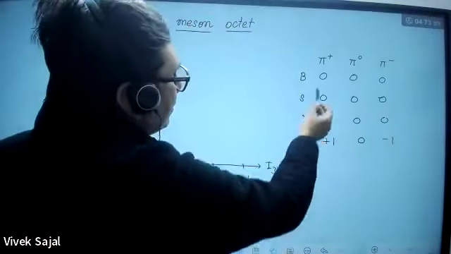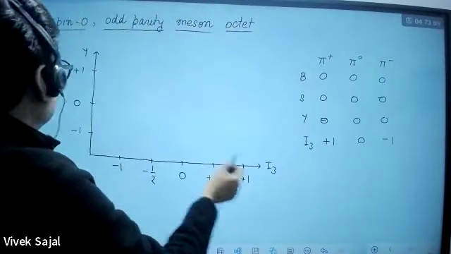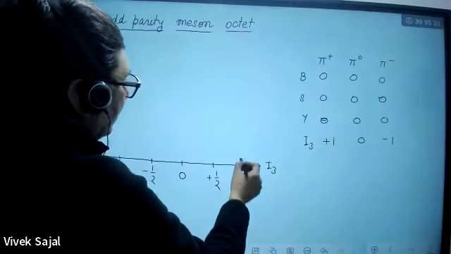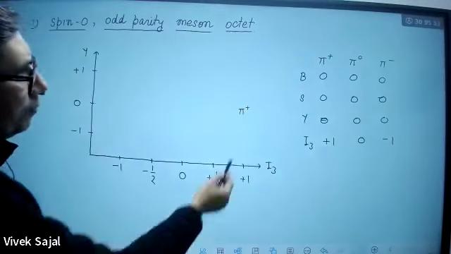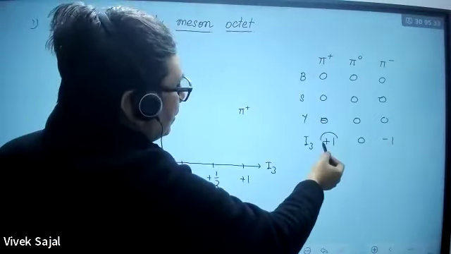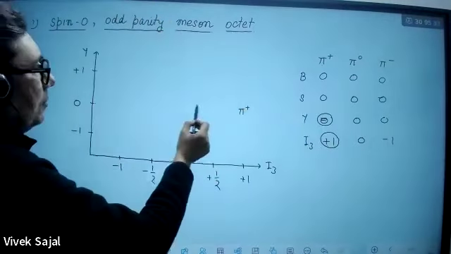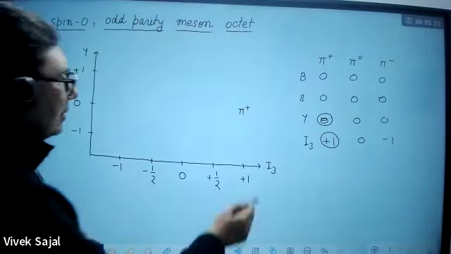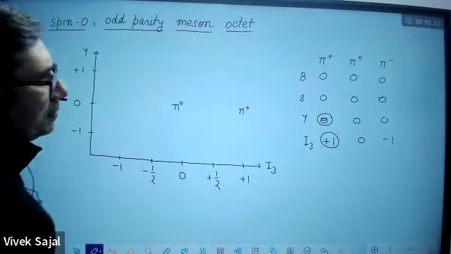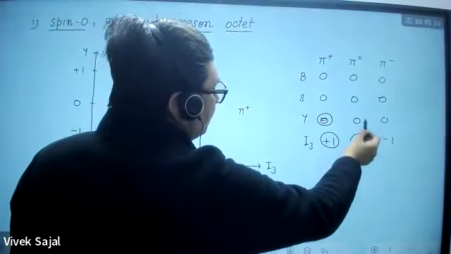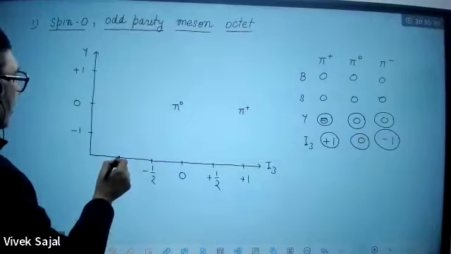Now look at where pi plus will be: I3 is +1 and Y is 0, so pi plus is here. Pi naught is 0, 0, so it is here. For pi minus, I3 is -1 and Y is 0, so it is here.